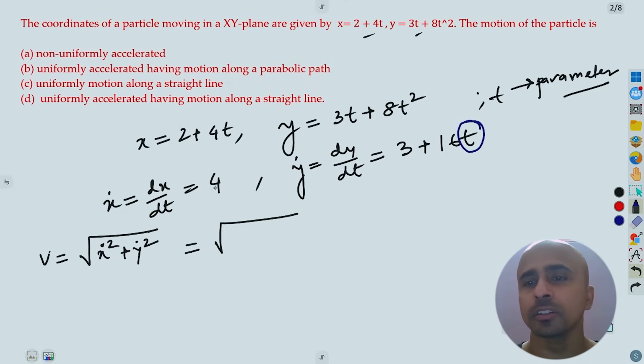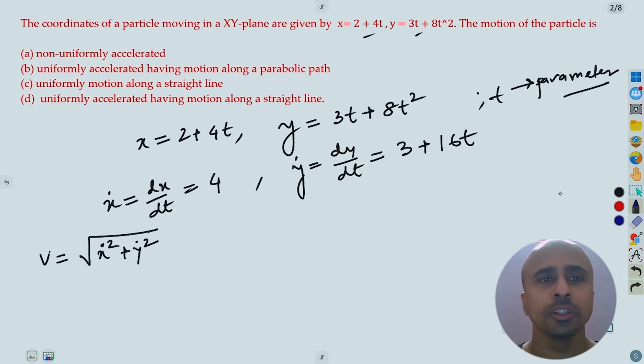X dot is constant, but y dot is not constant. So velocity is not uniform, so it is a non-uniform motion, there is no question about that, but whether it is non-uniformly accelerated or uniformly accelerated.